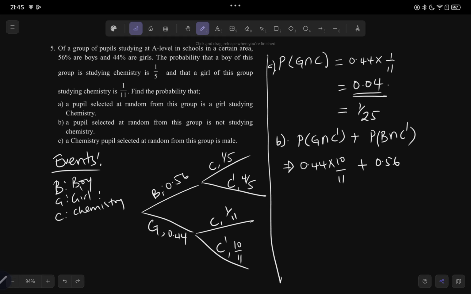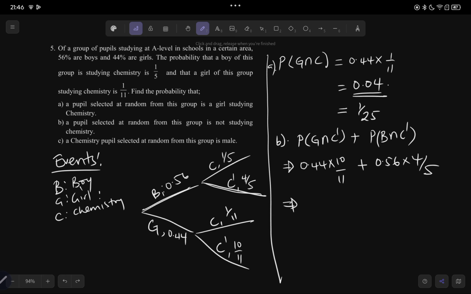You're following the branches. 0.56 times 4 over 5. Let us work it out very fast. 0.44 times 10 over 11 plus 0.56 times 4 over 5.